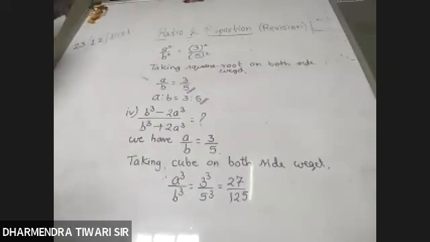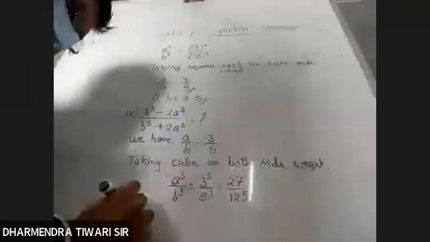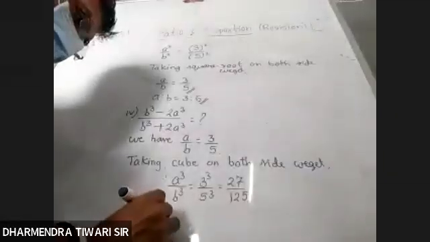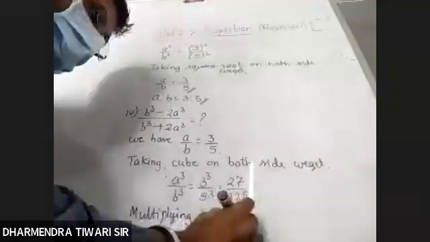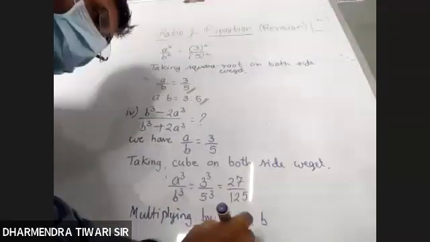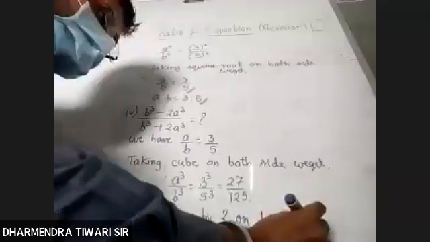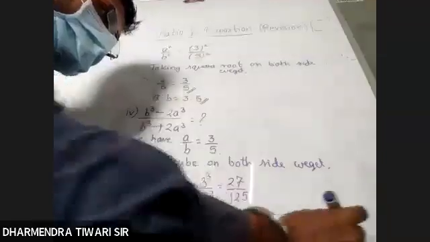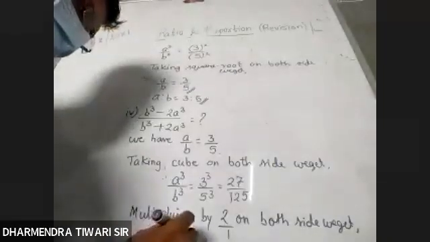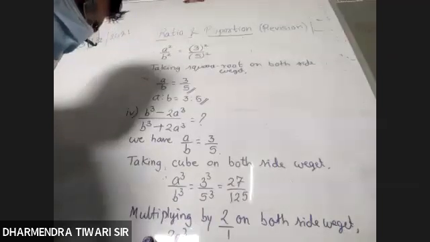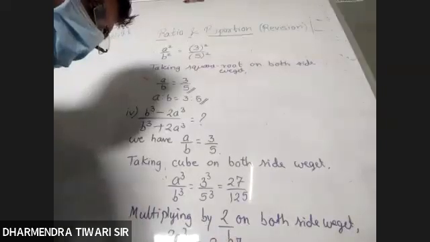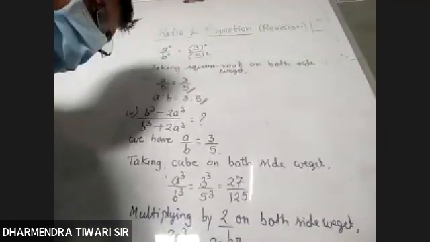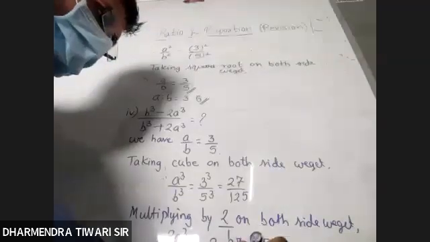Multiplying 2 by 1 on both sides, that is 2a cube upon 1 into b cube is equal to 2 into 27 upon 125, which is 54 divided by 125.